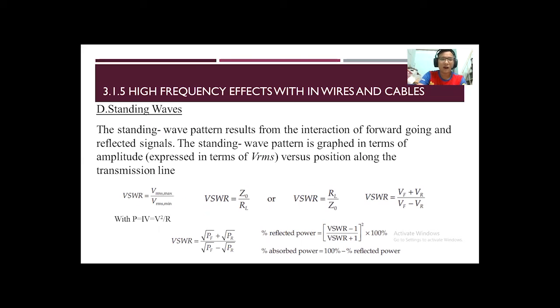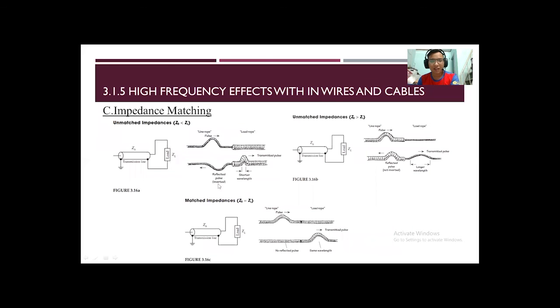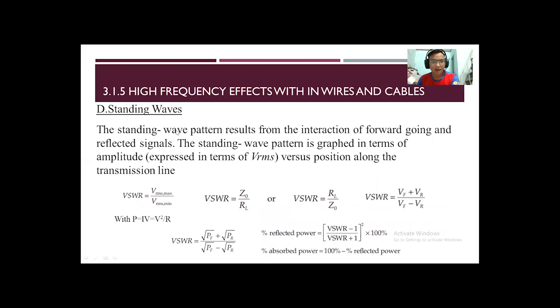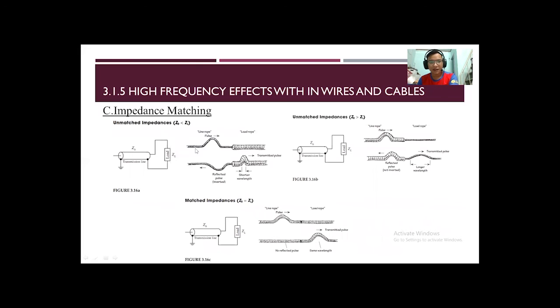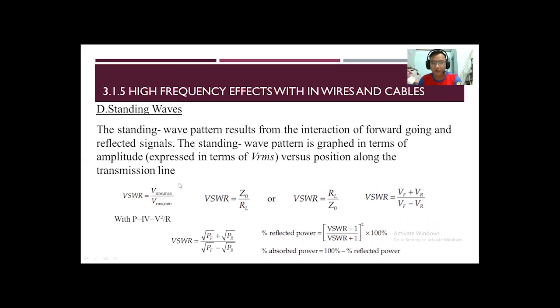Next, we come to standing waves. This also has a formula, because as you can see, it's related to impedance matching. The standing wave pattern results from the interaction of the forward-going and reflected signal. It means the signal comes, and some of it goes back.